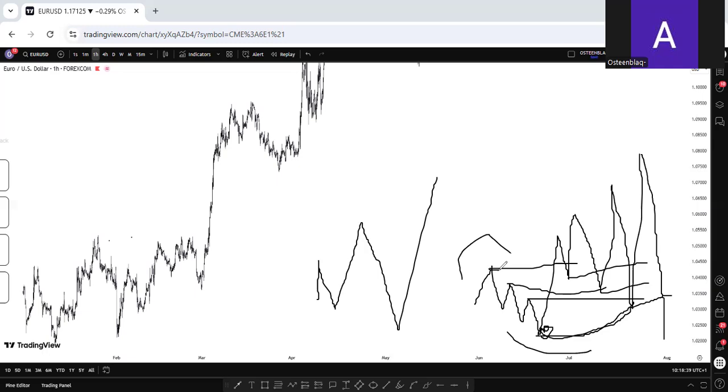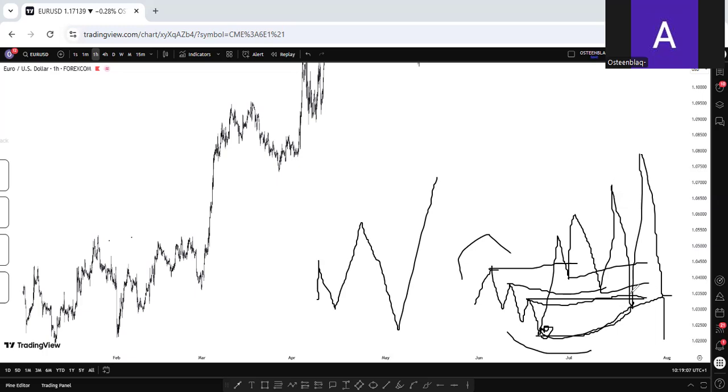An unideal situation is when a resistance has fully mitigated a support, or when a support has not mitigated a resistance. So in this particular place, this is the last support here or the last support here.